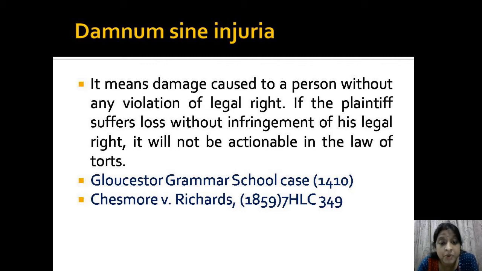In order to explain this, I will discuss one of the landmark cases, and that is Gloucester Grammar School case. In this case, plaintiff was running a school, and nearby defendant also opened a new school, because of which the students of the plaintiff school shifted to the defendant school.